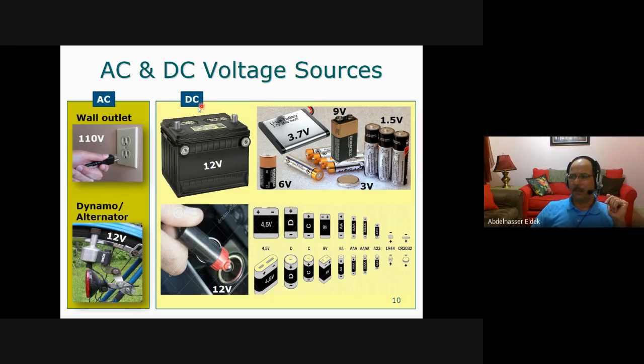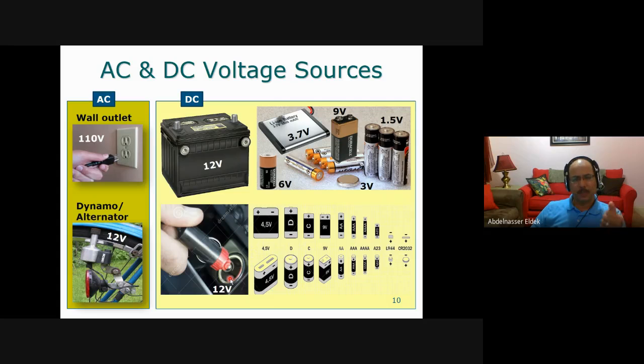DC, you have many sources of DC. For example, this battery. This is a car battery, you know this. It's 12 volts. Or for example, you can get the battery voltage from inside the car. The voltage here from the car is 12 volts, but remember sometimes you can see that it's 5 volts.